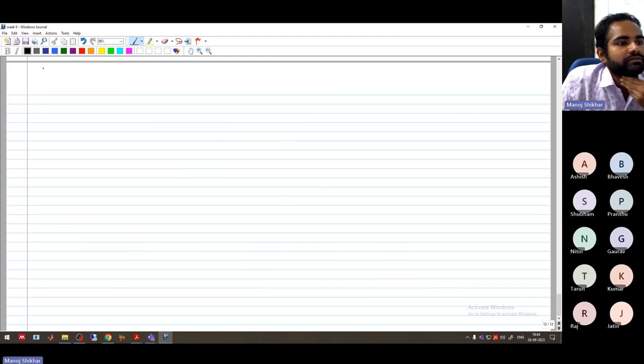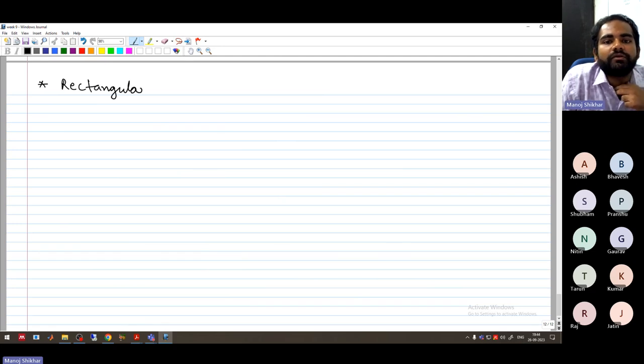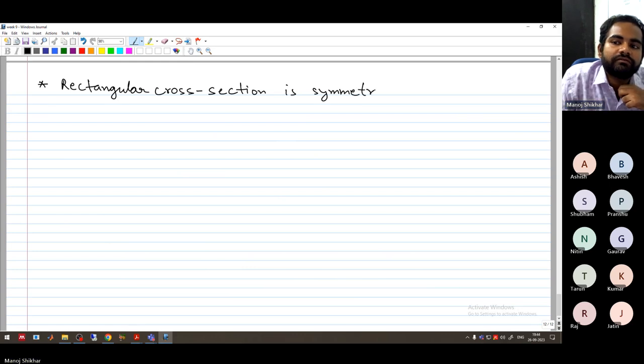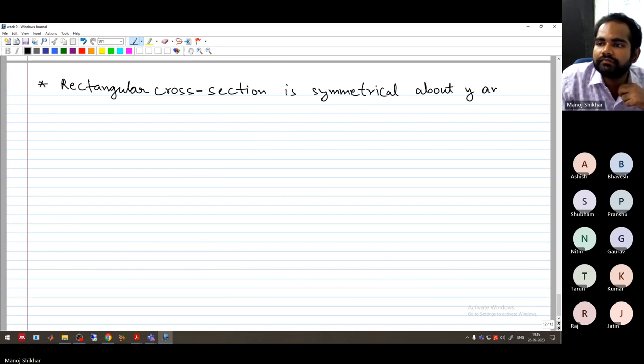Now, one thing to note is that our cross section is rectangular in this problem, right? So the rectangular cross section is symmetrical about the y and z axis.